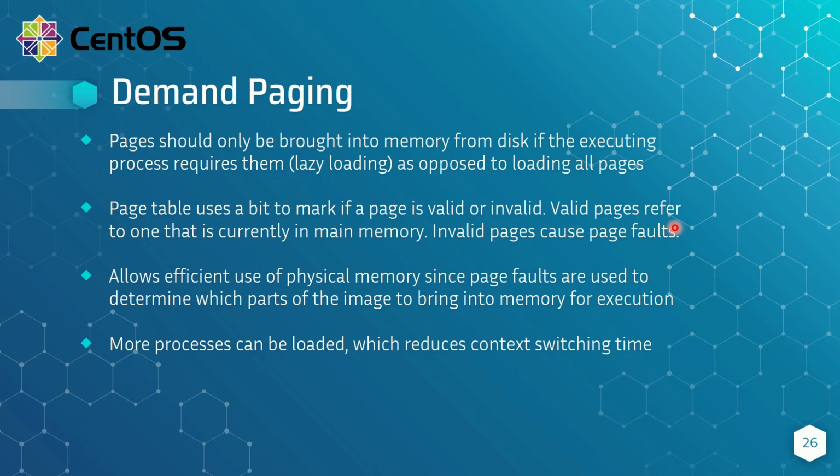Valid pages refer to ones that are currently in main memory, and invalid pages cause page faults, as we know. It allows efficient use of physical memory, since page faults are used to determine which parts of the image to bring into memory for execution. So more processes can be loaded, and this reduces context switching time, which is one of the major advantages of demand paging.